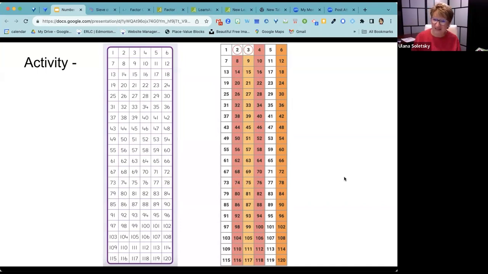Are you noticing that the only possible prime numbers after 2 and 3 have to be a number that is one less than a multiple of 6 or one more than a multiple of 6?